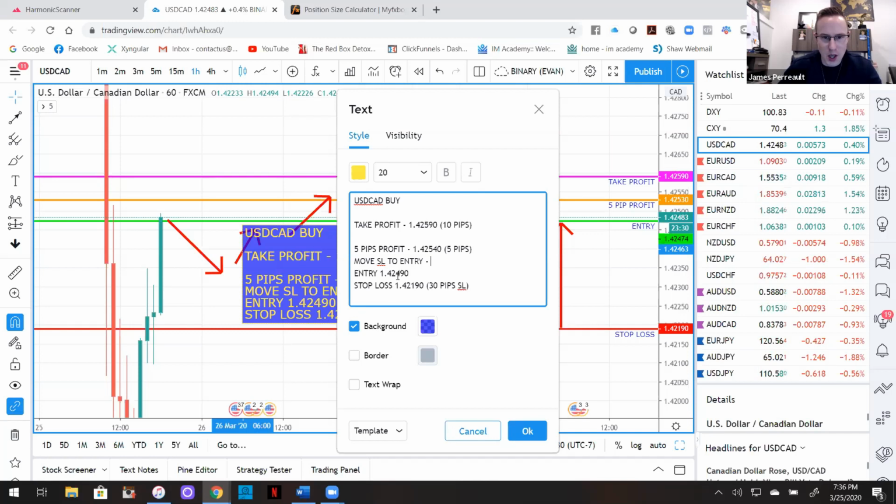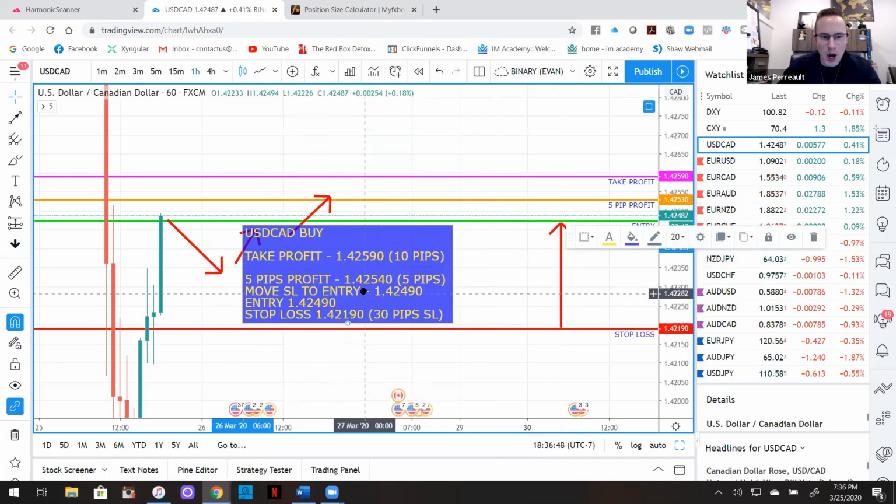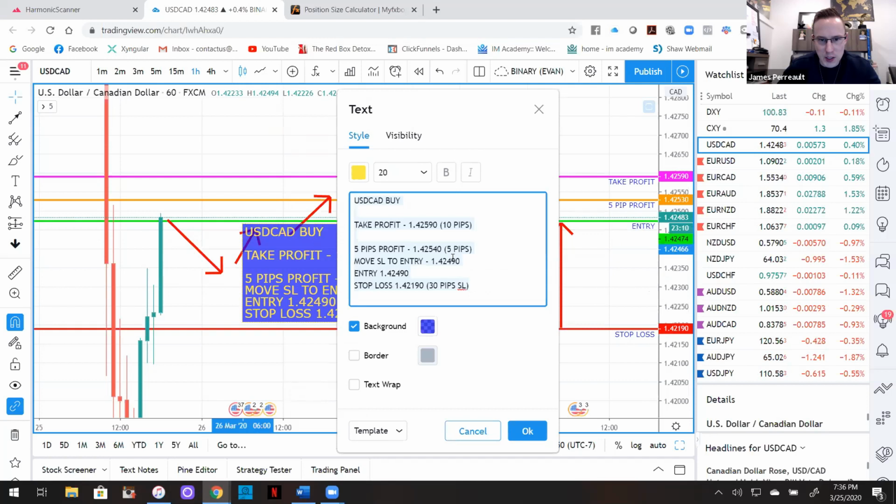So in this case, we're moving our stop loss to this number. We literally just copy this number or enter this same number in our stop loss, right? Did I do that already? Yeah, that's right. So let me come back. So essentially what that does, guys, is that secures our trade.